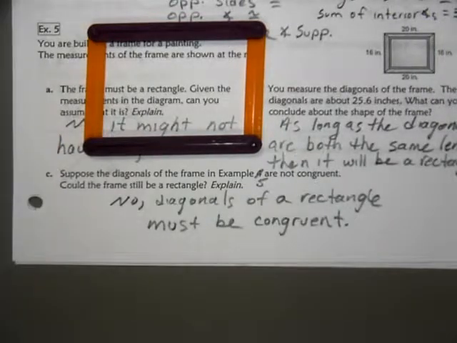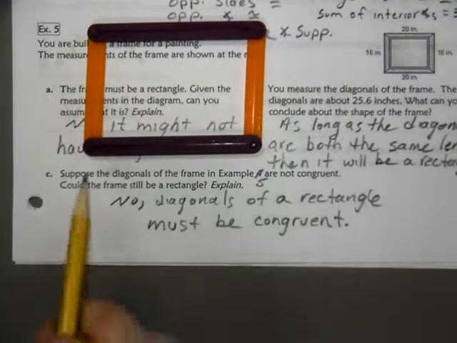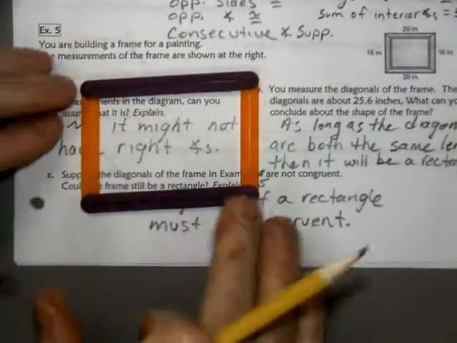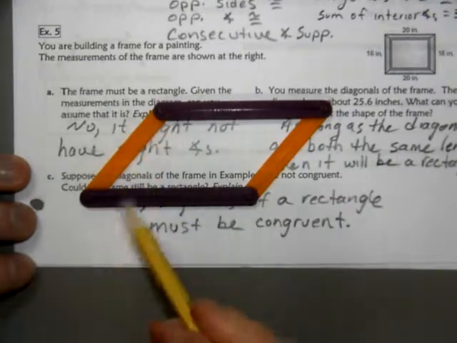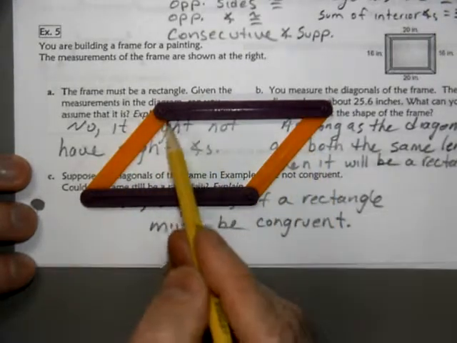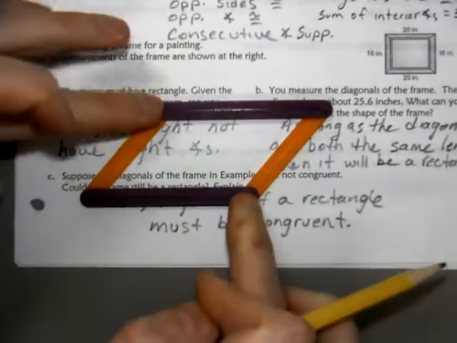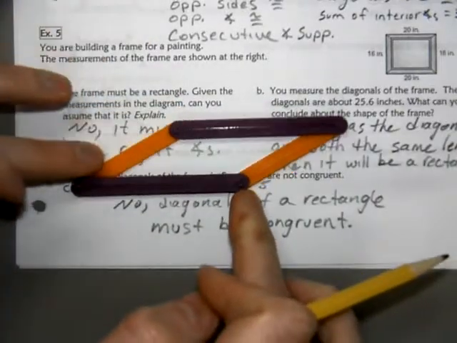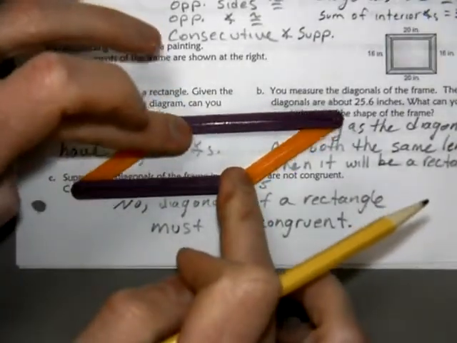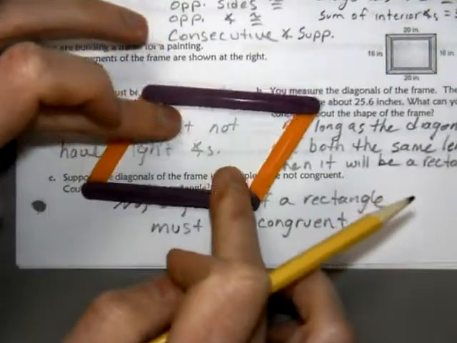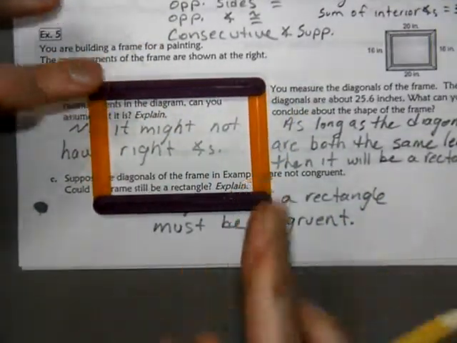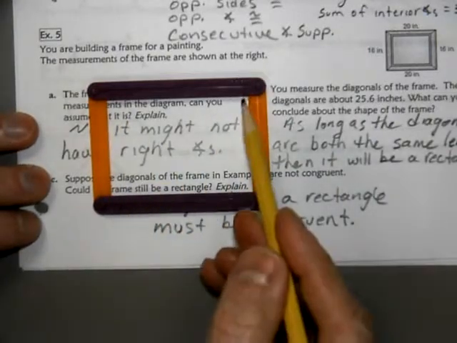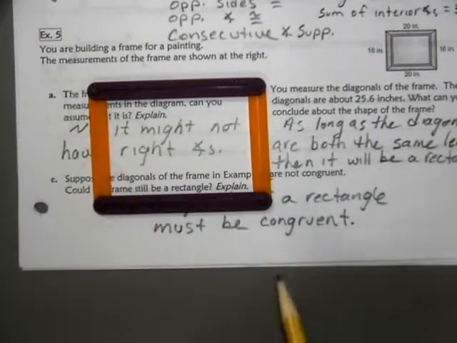Otherwise, it won't make a rectangle. It won't have right angles if the diagonals are not the same length. If one is shorter than another, then to make it shorter, you've got to bring those closer together, which is taking it away from right angles. For them both to be the same, you've got to keep separating so they can become the same. And there's only one magical spot where they're as far apart as you can get, and that would be to have right angles.